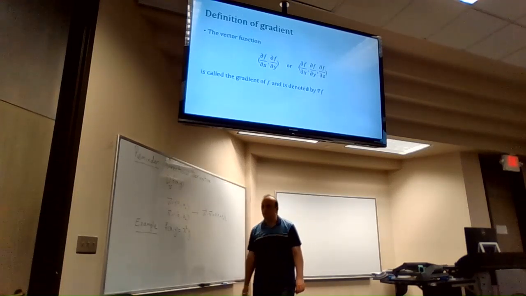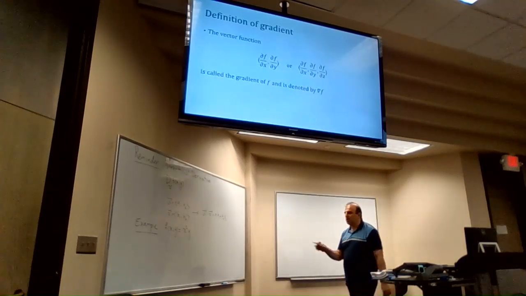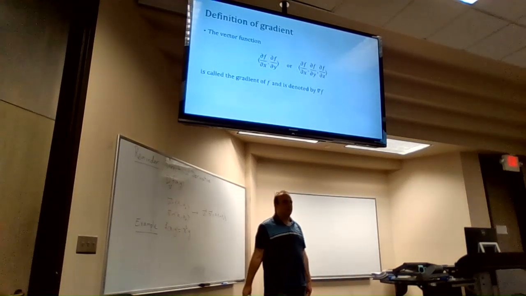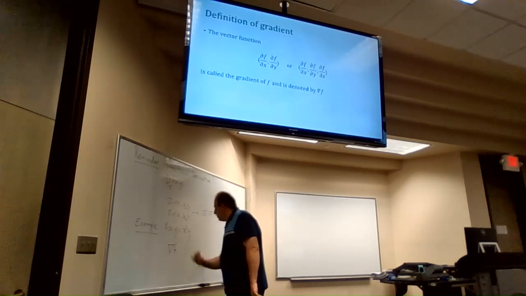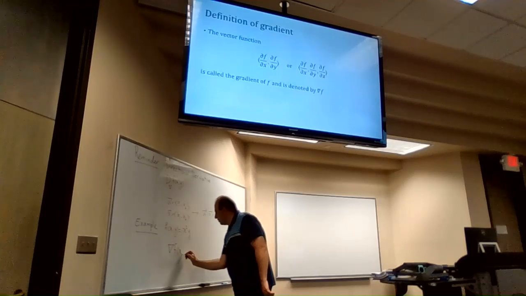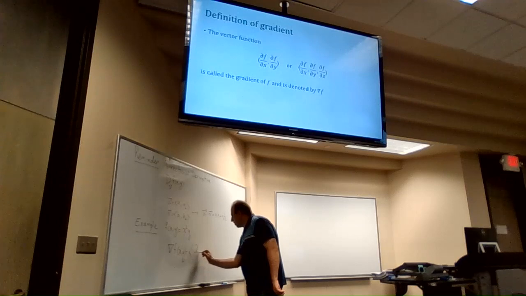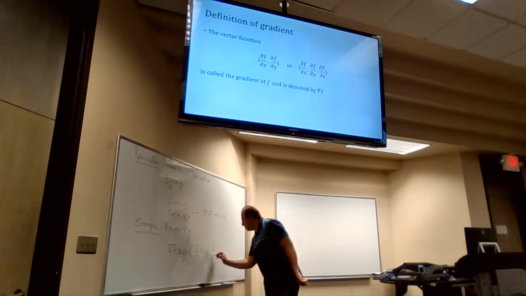The gradient of f, and as you see on the screen, we use that nabla symbol, a sort of inverted delta, as the notation for the gradient, at any point x, y is partial of f with respect to x and partial with respect to y.